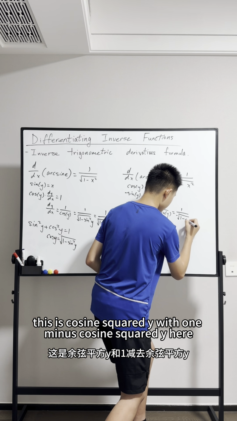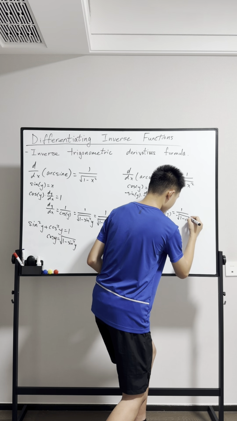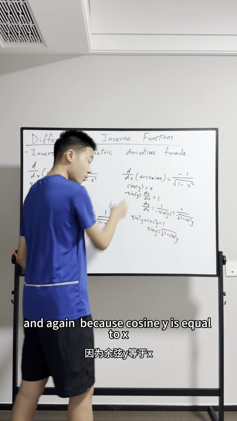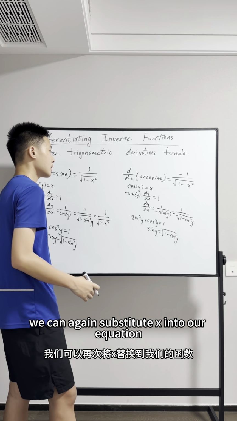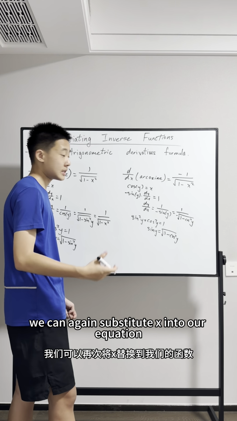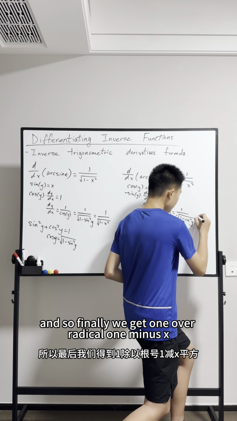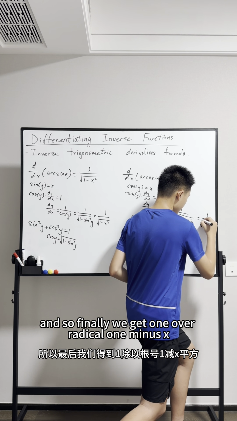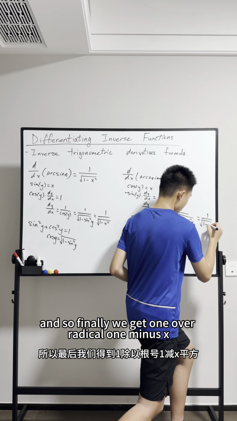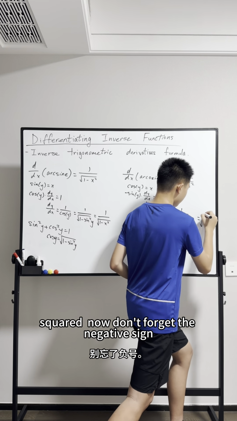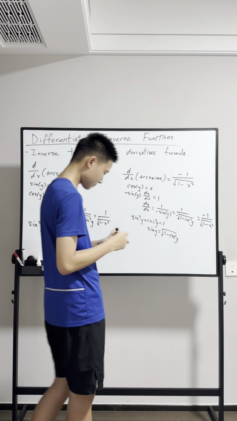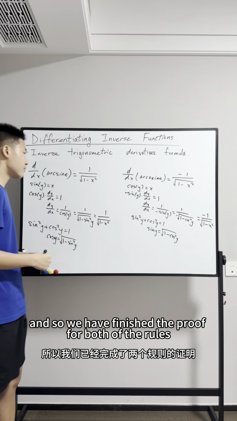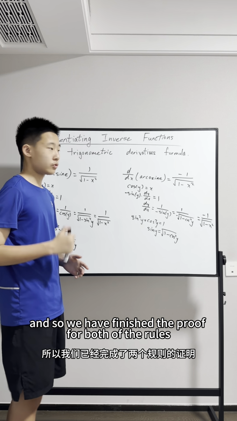And again, because cosine y is equal to x, we can substitute x into our equation, and so finally we get negative 1 over radical 1 minus x squared. Don't forget the negative sign. And so we have finished the proof for both of the rules.